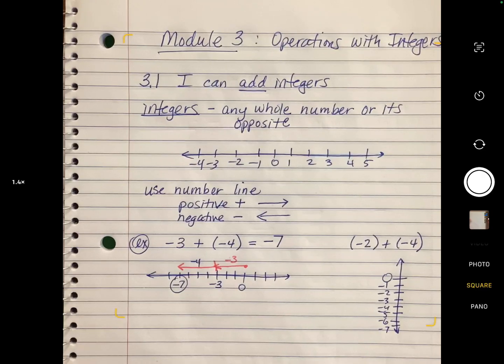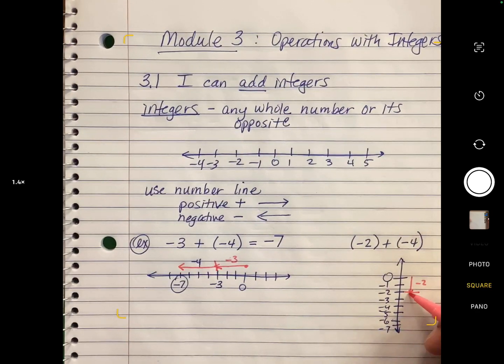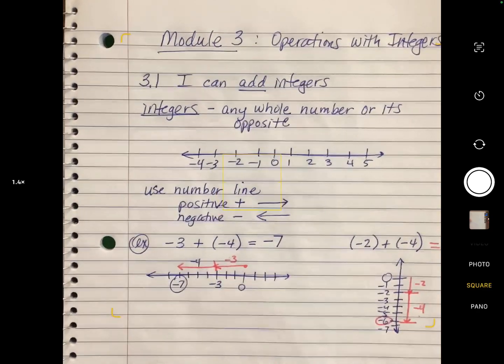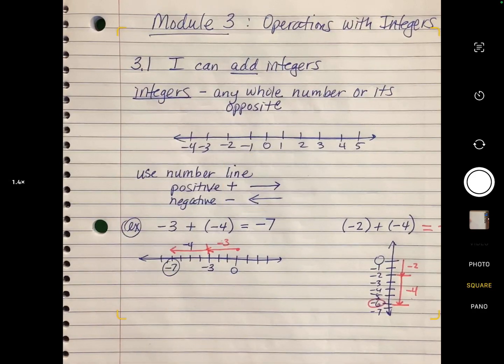If it says -2, that would be the same as going down 2. That's -2. And then -4 would be going down 4 more. 1, 2, 3, 4. So where did I land? I landed at -6. So this is the way that we can use a number line to think about how we're going to get our answer.